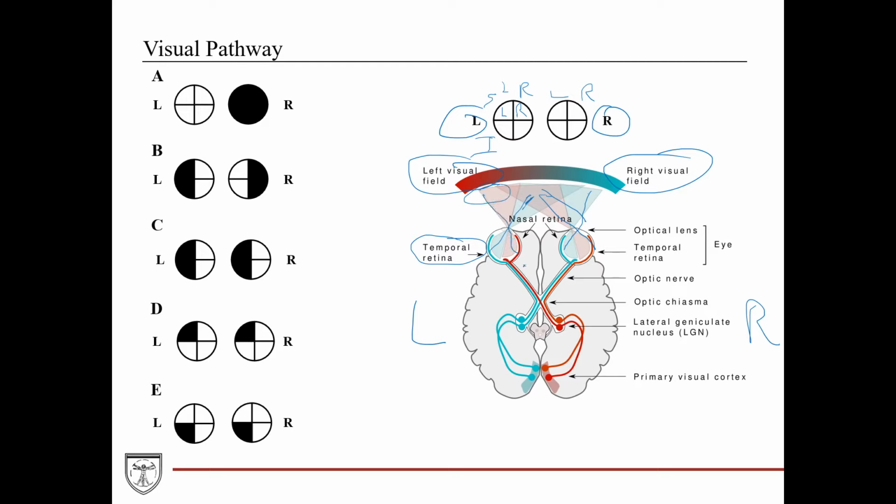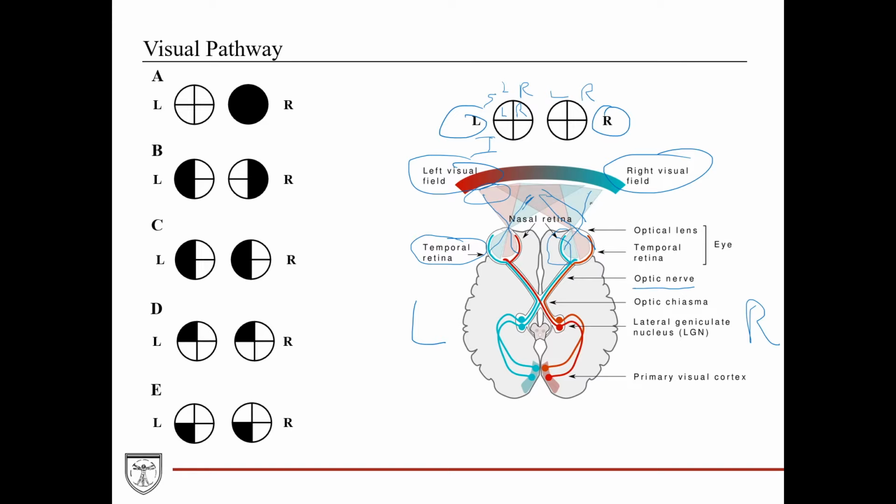And so then the fibers come together and they travel in the optic nerve once they leave the retina. And then they come here to the optic chiasm. Now what's important that happens at the optic chiasm, as you can see, is these fibers coming from the temporal retina on either side, they actually crisscross, or they cross over. Excuse me, not the temporal retina, the nasal retina. So the fibers coming from the nasal retina, they come here and they cross over.